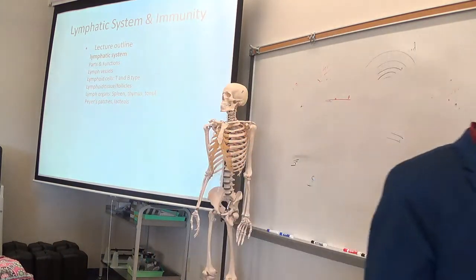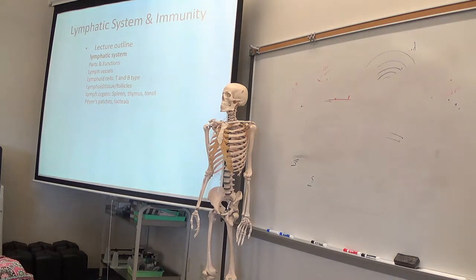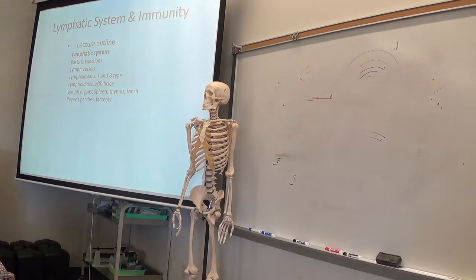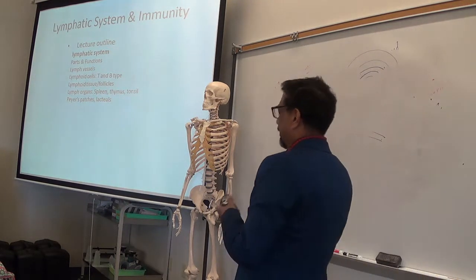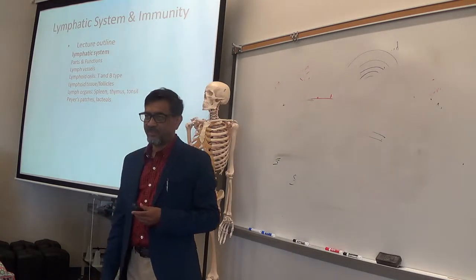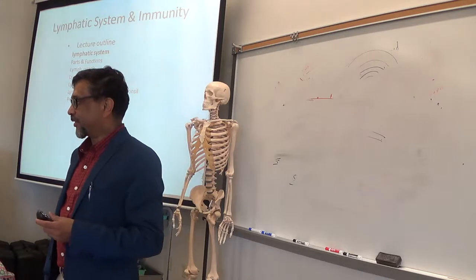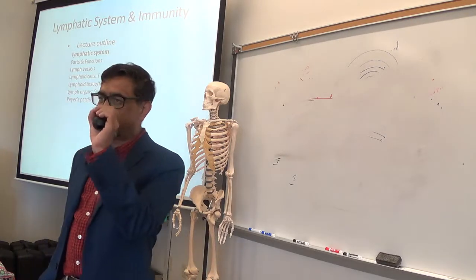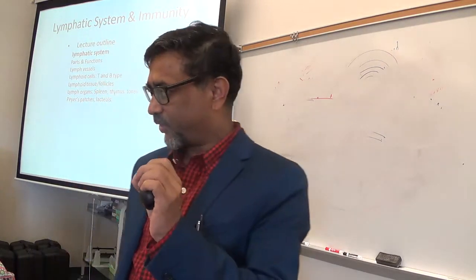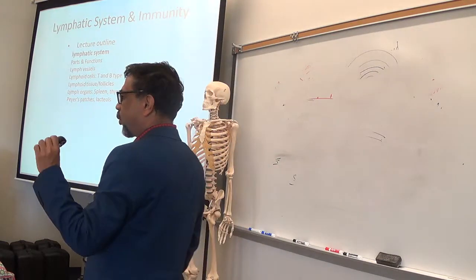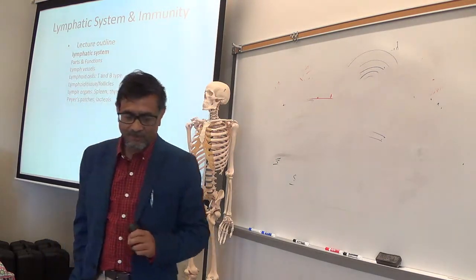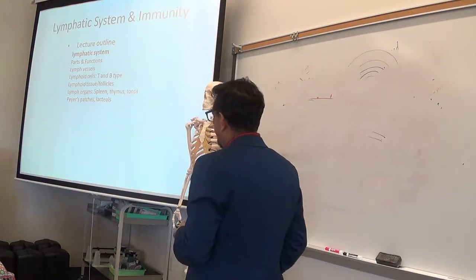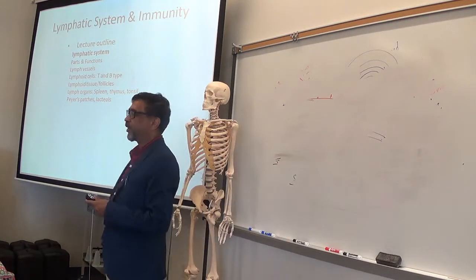So first we'll talk about the lymphatic system. We'll see the parts of the lymphatic system. Then we'll talk about the lymphatic vessels. Then the main warriors of your lymphatic system are T and B cells. These two components, T cells or T lymphocytes and B cells or B lymphocytes, are the main fighters against the antigens. Then we'll talk about lymphoid tissue and follicles.